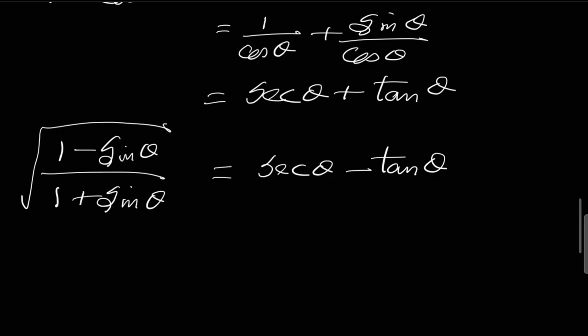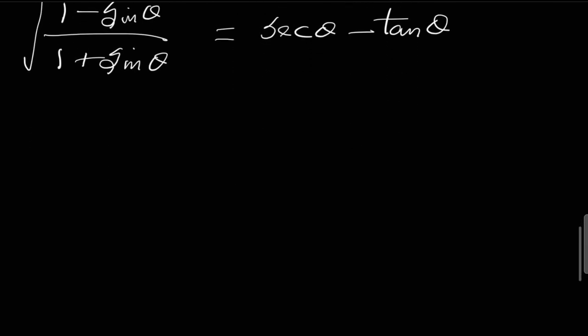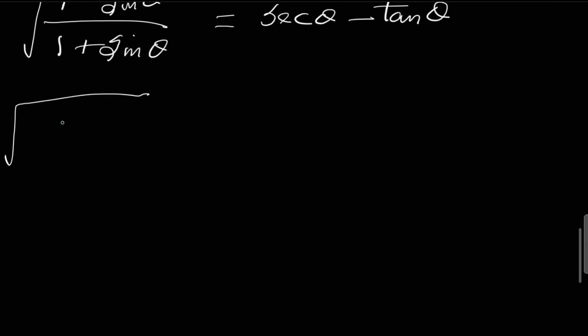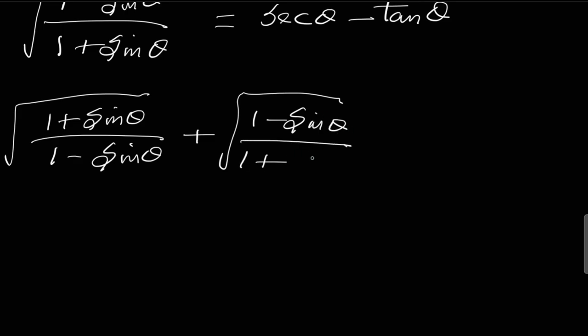Now we are going to add the two terms: root of 1 plus sine theta by 1 minus sine theta plus root of 1 minus sine theta by 1 plus sine theta.